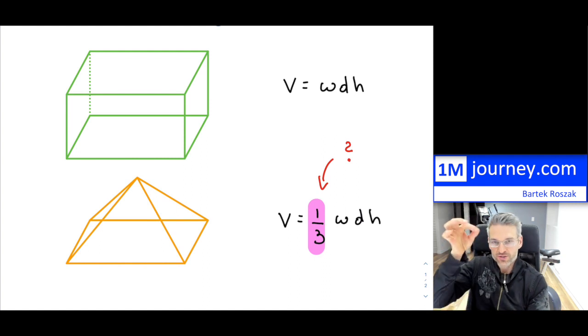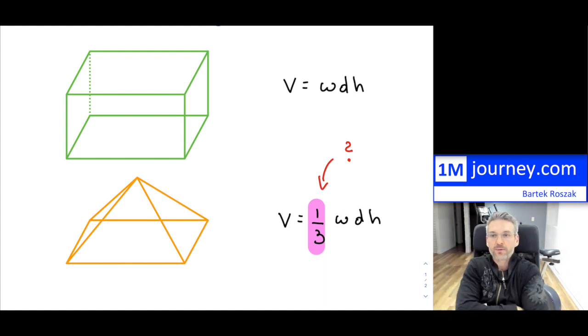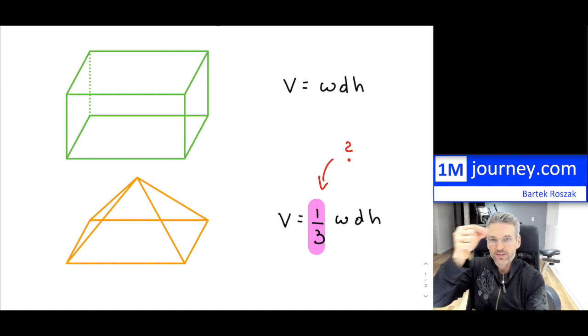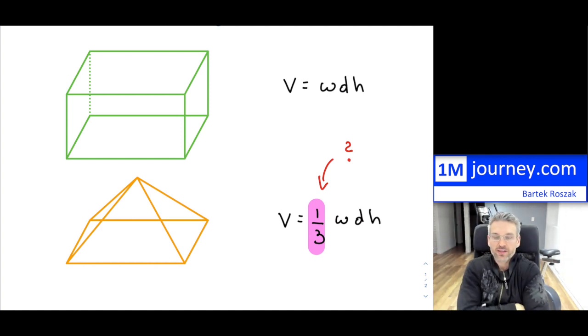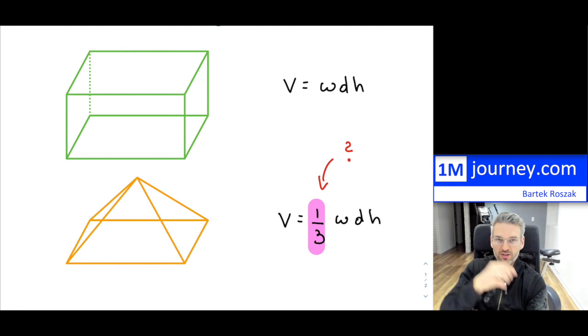Now the apex, the top of the pyramid, doesn't necessarily have to be right in the middle. It can be anywhere. It will work regardless of where that apex actually is, as long as it's projected up above there.